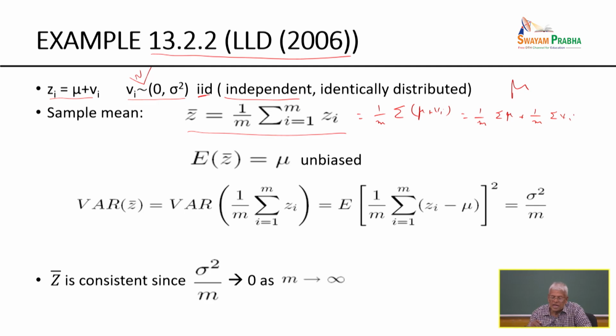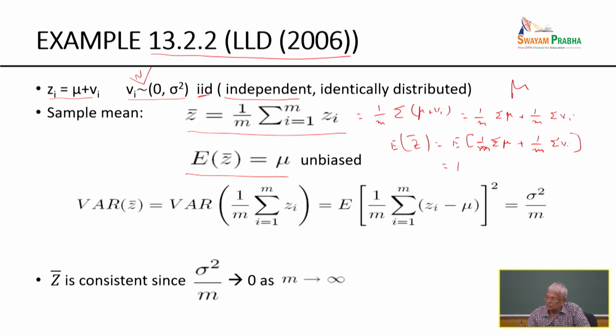If I take the expected value of both sides, the expected value of z bar is equal to the expected value of 1 over m summation mu plus 1 over m summation vi.